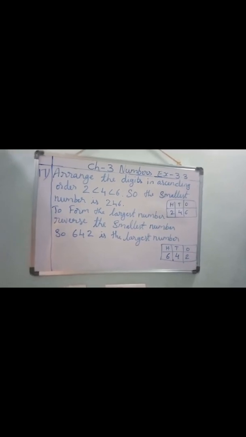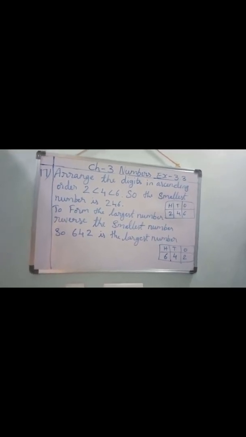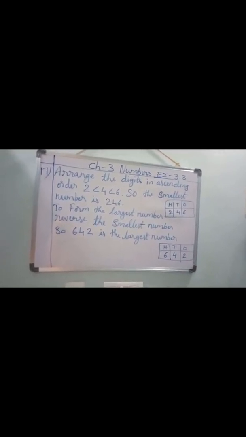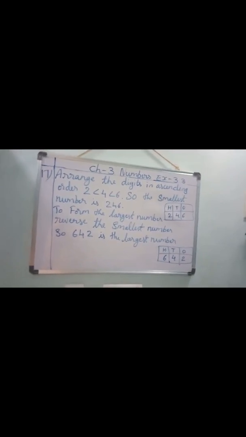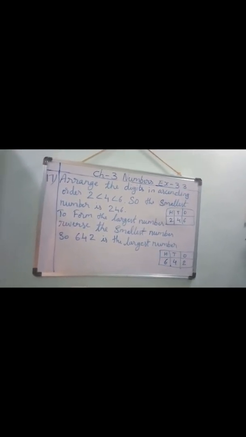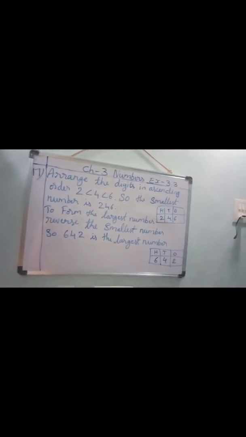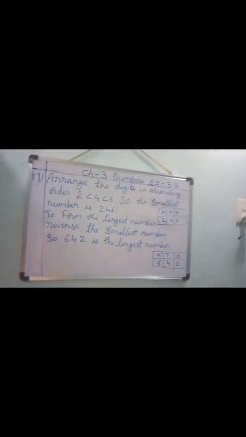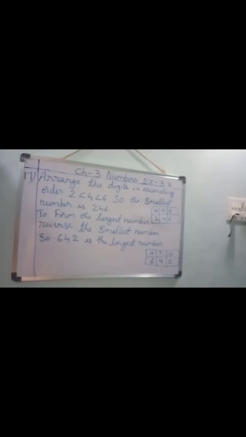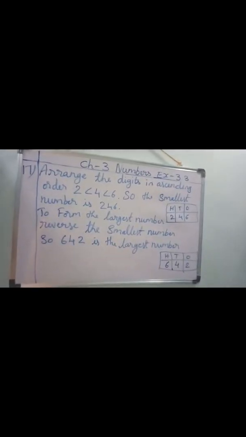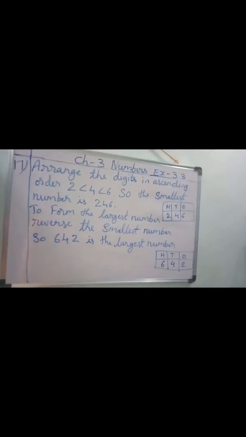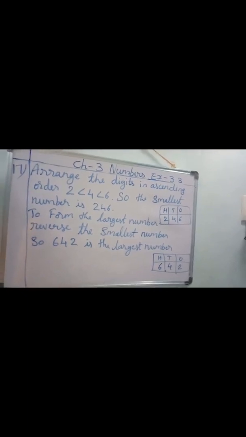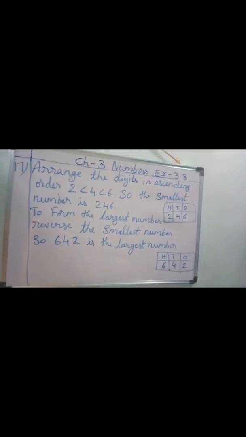We should arrange the digits in ascending order first. What numbers have they given? After that you should form the smallest number. After that you should form the largest number. If you form the smallest number, its reverse will be the largest number. Write it like that. Copy properly in the workbook, children.